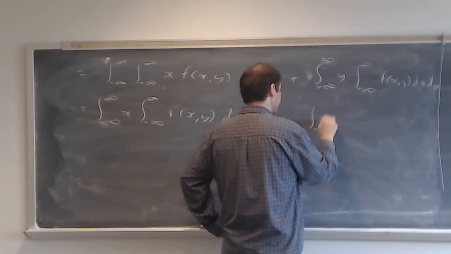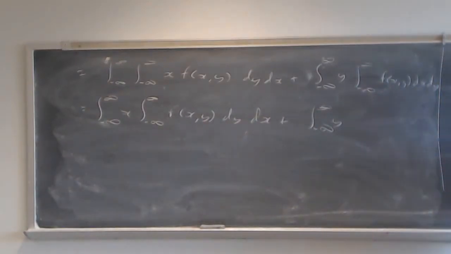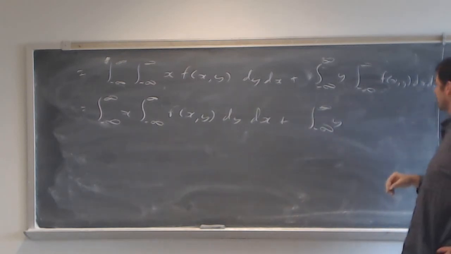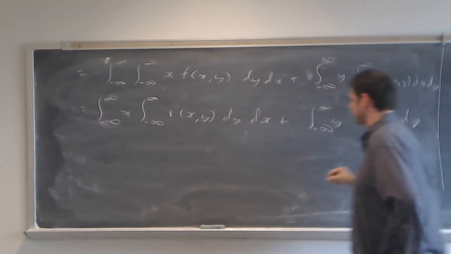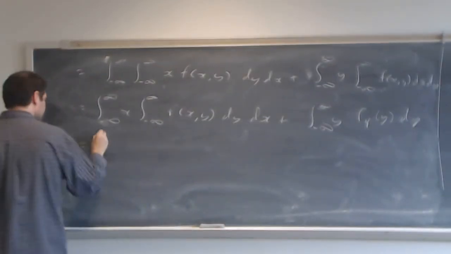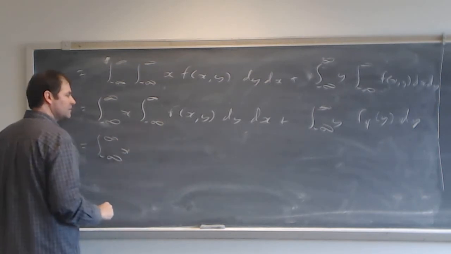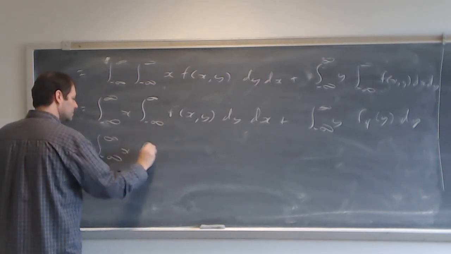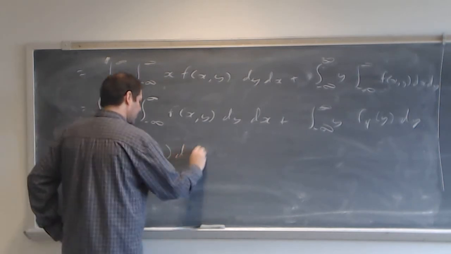Plus here, outer integral. The inner integral is the integral of the joint PDF with respect to x first. And that just gives you the PDF with respect to y. Still need to integrate with respect to y. Here, similarly to what we just did, the integral of the joint with respect to y is the PDF of x. Still need to integrate with respect to x.